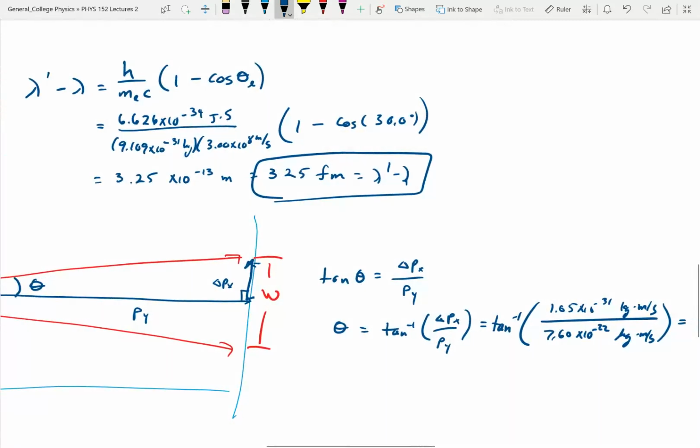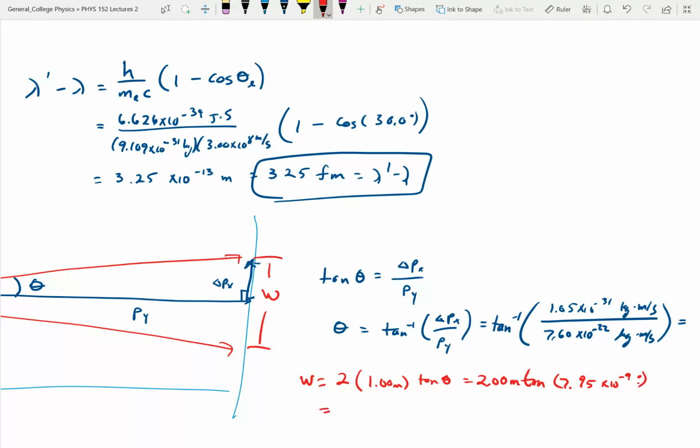So using trig again, width is equal to 2 times the adjacent side, which is 1.00 meters, times tangent of theta, tangent of 7.95 times 10 to the minus 9 degrees.